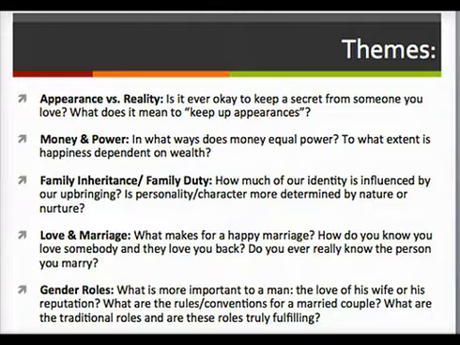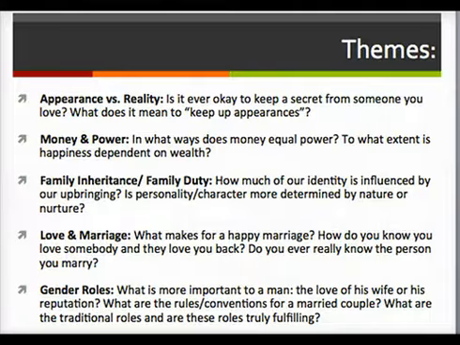You can also think about what the rules or traditions or conventions are for a married couple. So, are there roles for the typical male head of household and female housewife? What are those roles? Are they equal power, or does one control the other? All those kinds of questions.